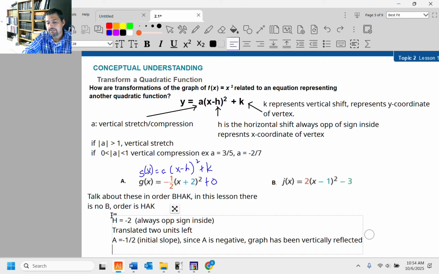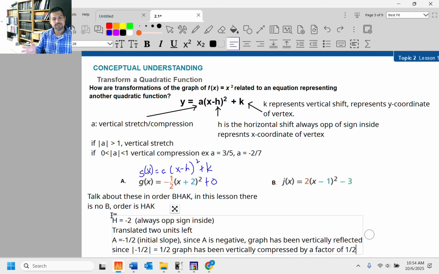Big deal there. And since the absolute value of -1/2 is equal to 1/2, remember absolute value makes numbers positive, the graph has been vertically compressed by a factor of 1/2. So it's only half the height of the original one.